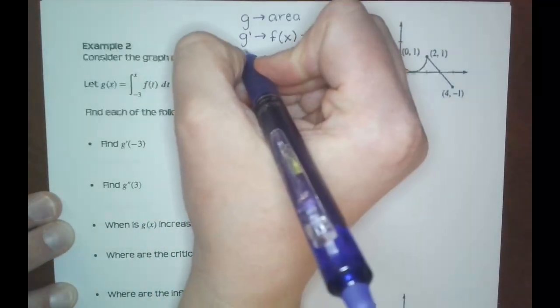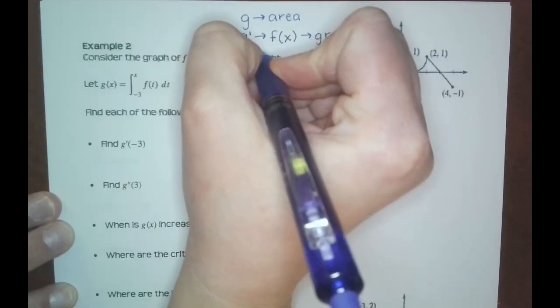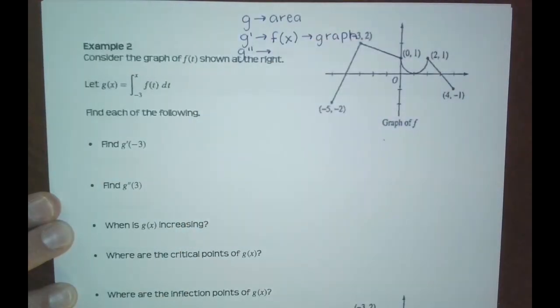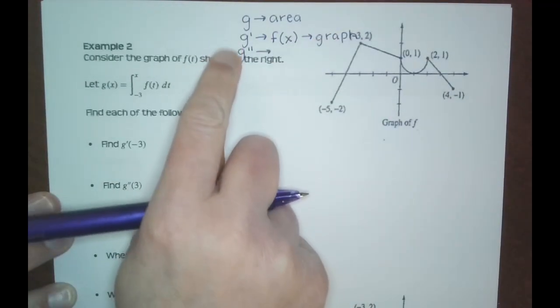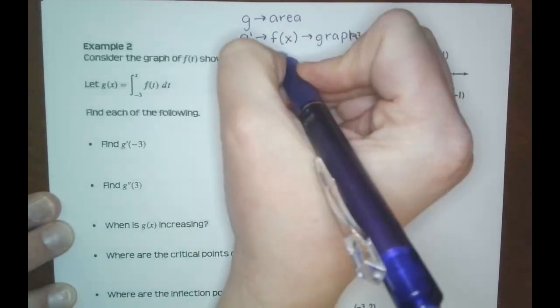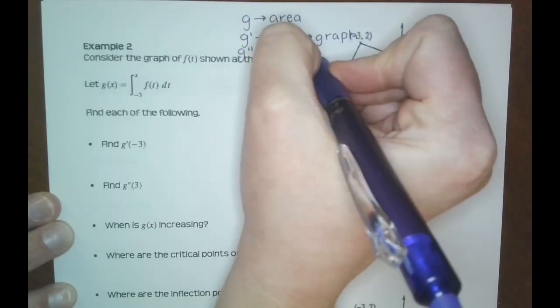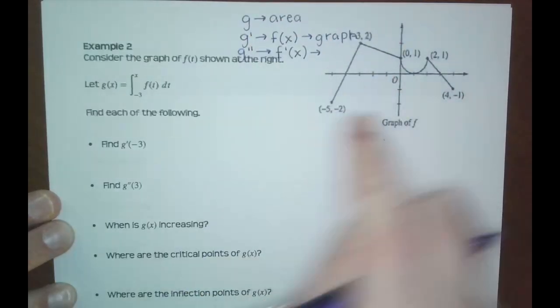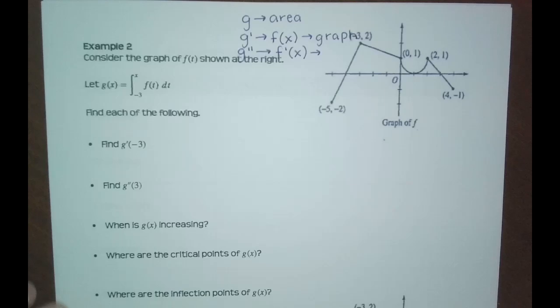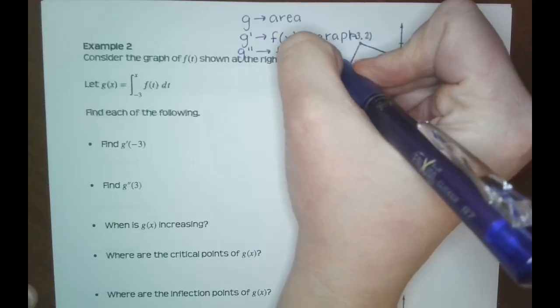Okay, so then what does G double prime represent? Because that question is going to come up here too. Well, that's the derivative of G prime, which means it's the derivative of f, so it's f prime. So if you were looking at the graph of f and I ask you about f prime, what is it that you're reading about f? That would be the slope.